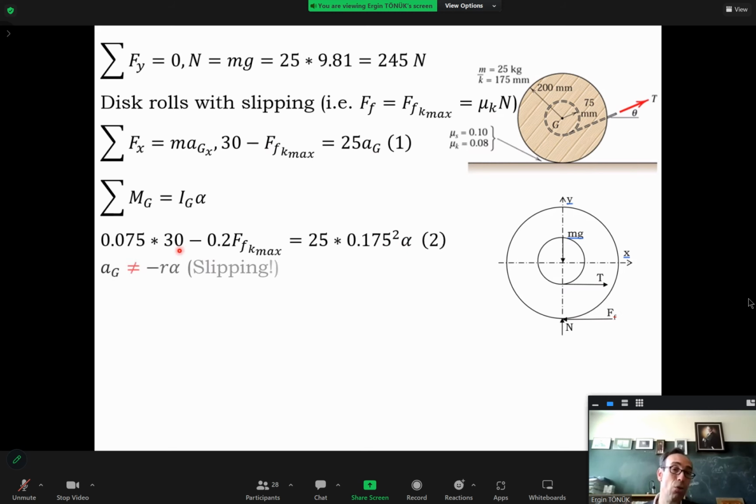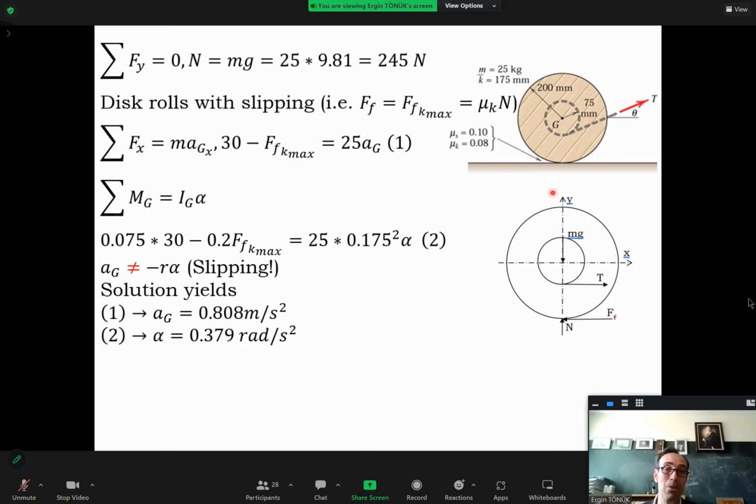You may check it, because it's slipping, and the solution yields the acceleration of the mass center is much larger. Why? Because you have T minus a smaller friction force, and for the angular acceleration, again, the moment of the friction force is less, so it would be larger than the previous value if that were the case. Okay?